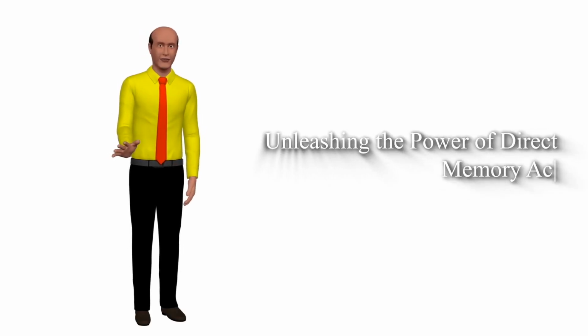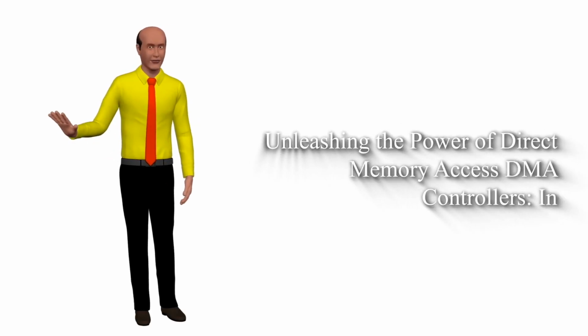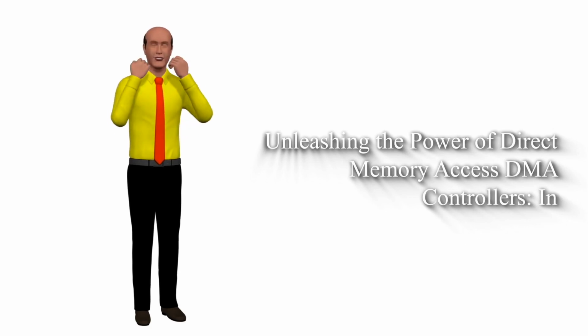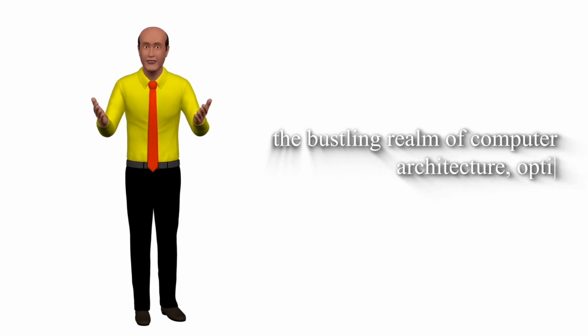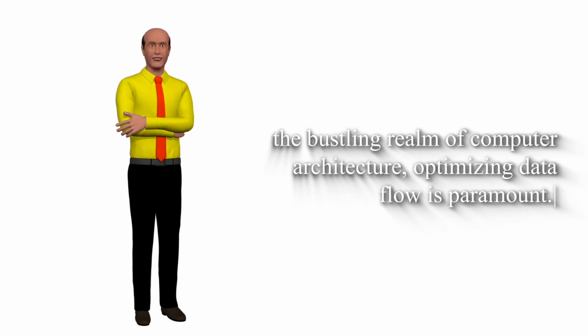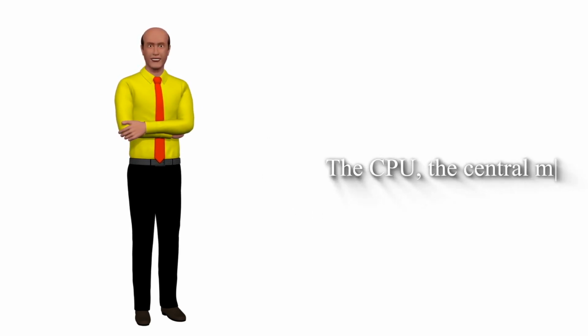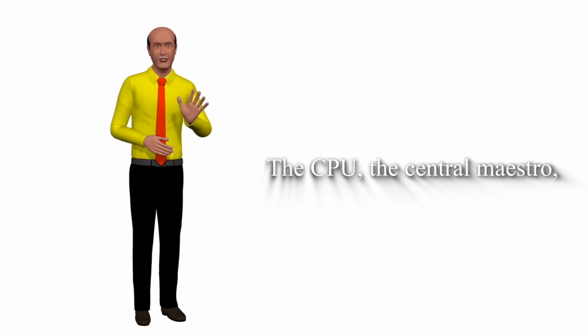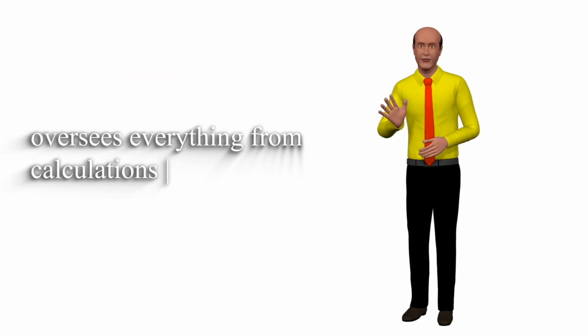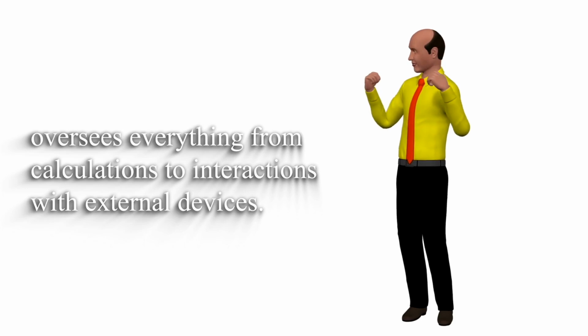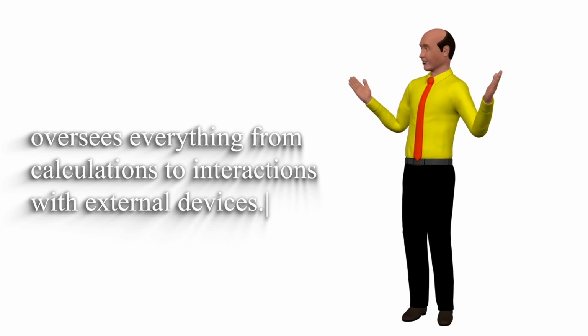Unleashing the power of direct memory access, DMA controllers. In the bustling realm of computer architecture, optimizing data flow is paramount. The CPU, the central maestro, oversees everything from calculations to interactions with external devices.